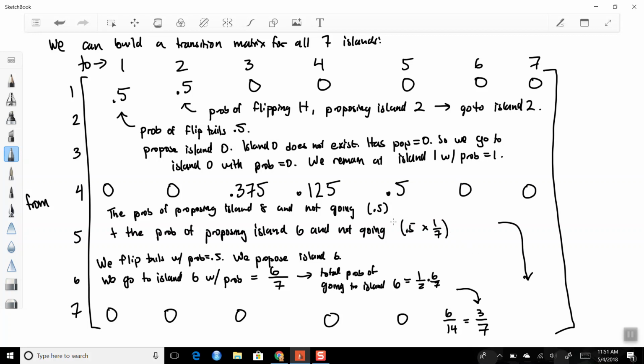So this ends up being 0.5 plus 0.5 times 1/7, so this ends up being 8 over 14, or 4/7.